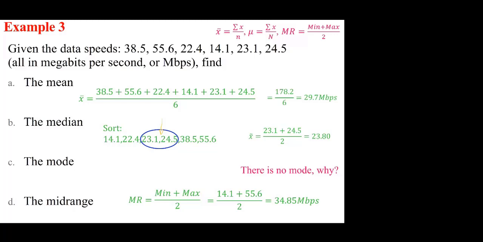I have a question. Sure. Why do we have 4 significant figures for the median and mid-range, but we keep it at 3 for the average? Well, it's just the number of decimals. If you look at the data, how many decimals does it have? 1. So over here, you add 1 more. And this number, even if you write it as 29.70, is the same thing, because when you divide, you get 29.7.